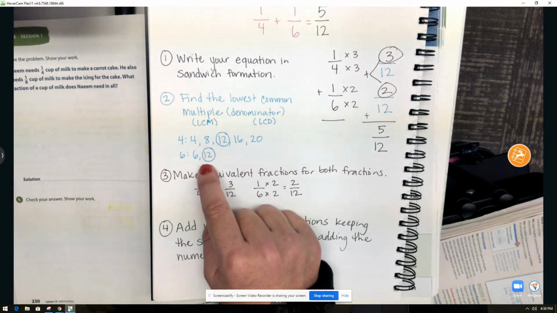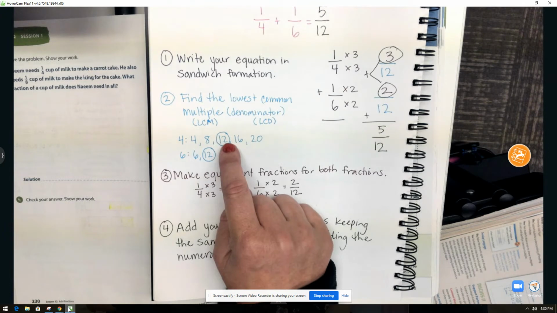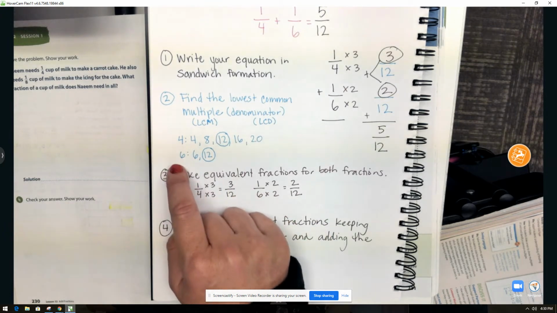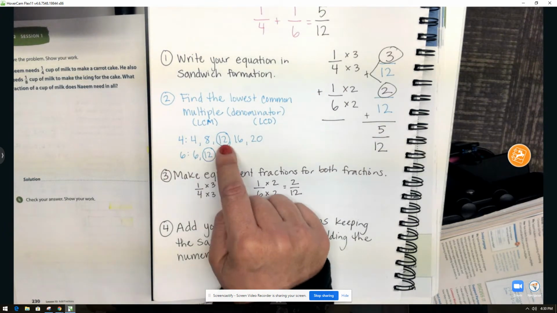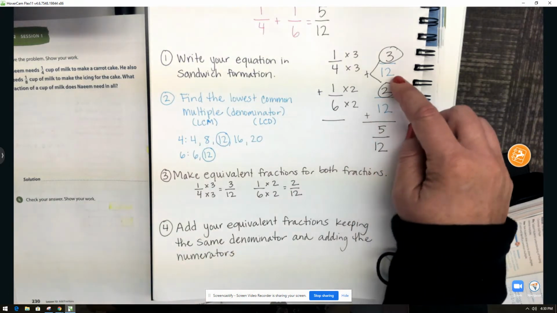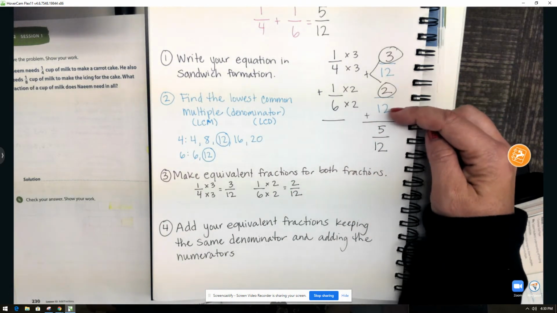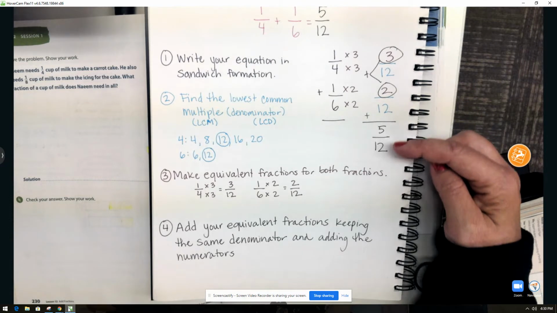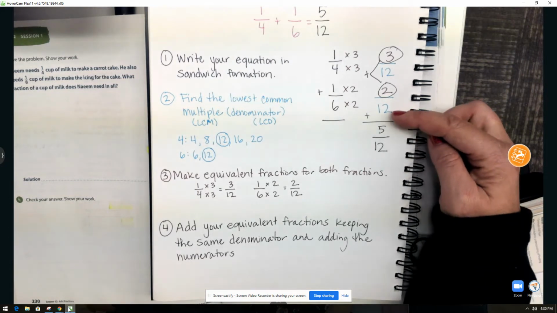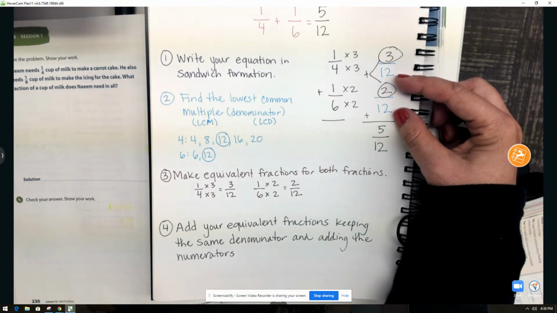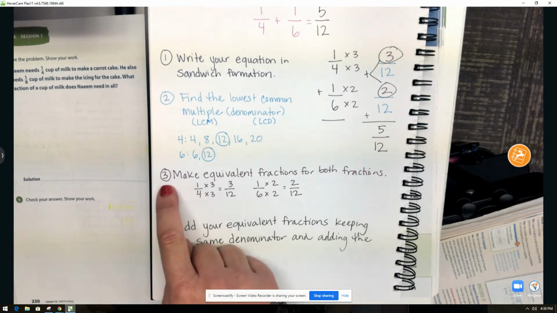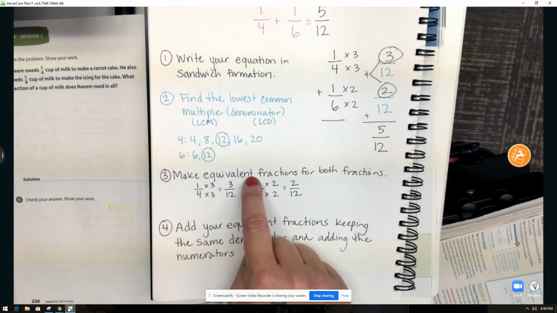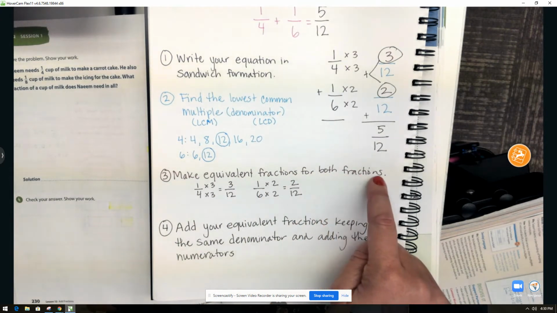We can stop at 12 because we know that 12 is a common multiple between 4 and 6. It's a multiple that they both have in common. So we're going to write that common multiple as our denominator in our answer and then also in our two soon-to-be equivalent fractions. Our third step is to make equivalent fractions for both fractions.